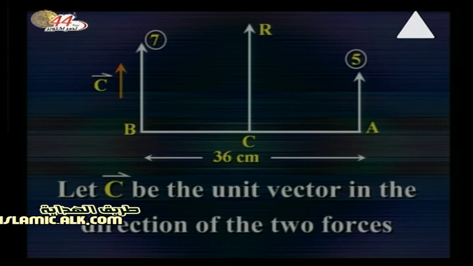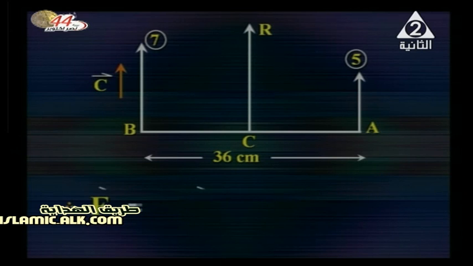Dear student, we have the distance between A and B, 36 centimeters. The force F1 equals 5 and acts at point A. Force F2 equals 7 and acts at point B. What is the resultant of the two forces? Look at the figure. Let C be a unit vector in the direction of the two forces.